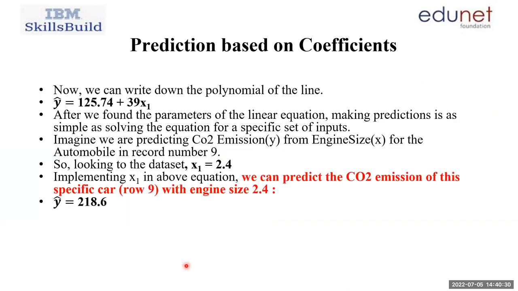Now we have the unseen value 2.14, that is x1. We are going to calculate y for the unseen value 2.14.